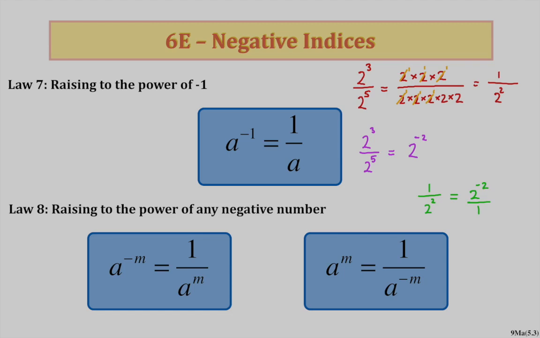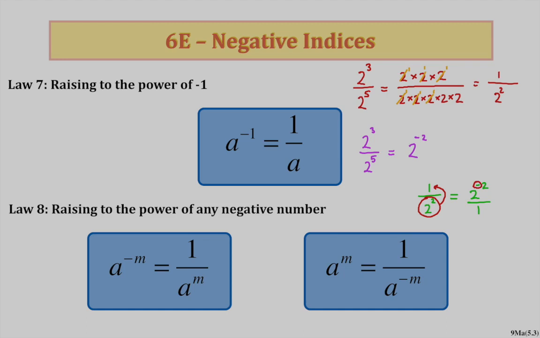You don't normally write things over 1. But if you think of it like that, can you see that if you have something on the bottom of a fraction and you move it to the top, the base stays the same, but the power changes its sign. It changes from positive to negative, and there's the negative that gets introduced.